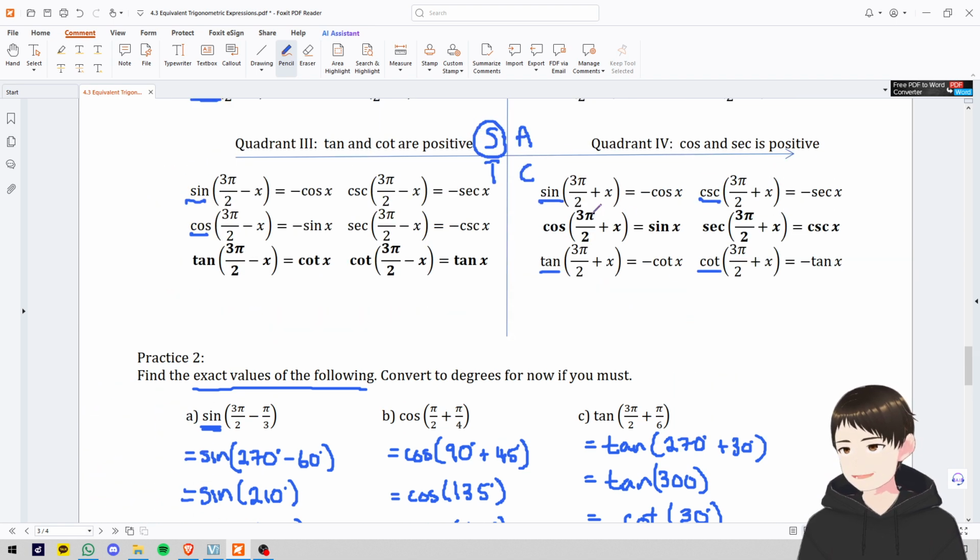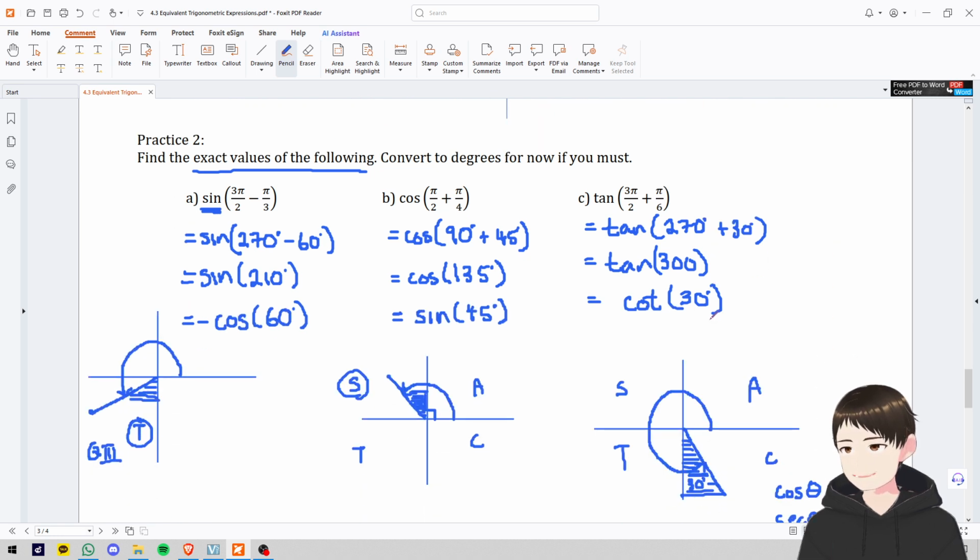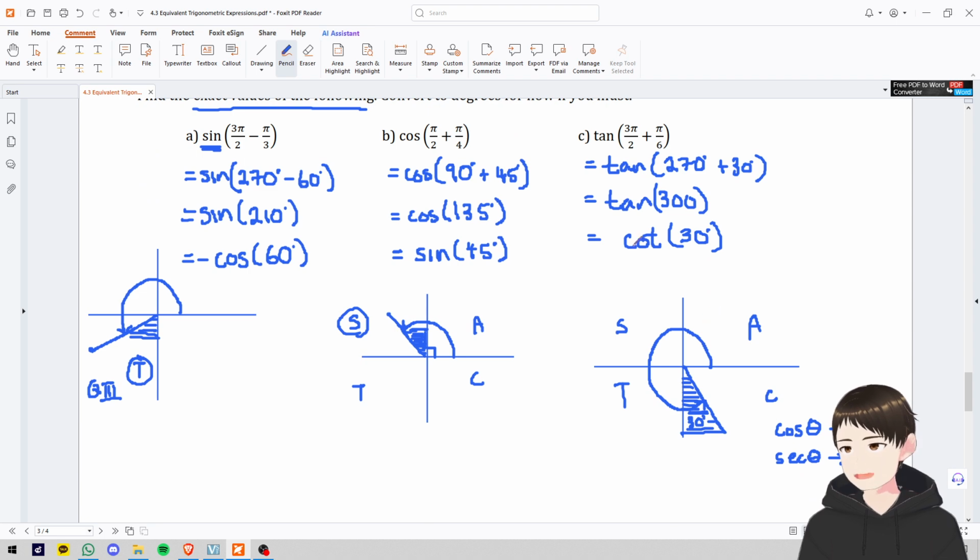Take a look, see? Cosecant remains positive, secant remains positive. Tangent is not one of those, and therefore the final answer will be a negative. Okay? I feel like I was clear enough, but there's always going to be some questions.